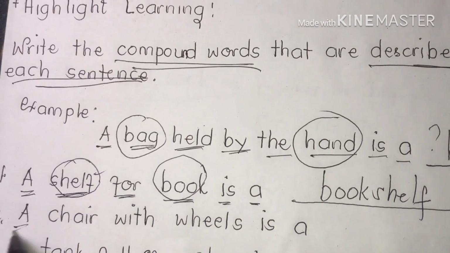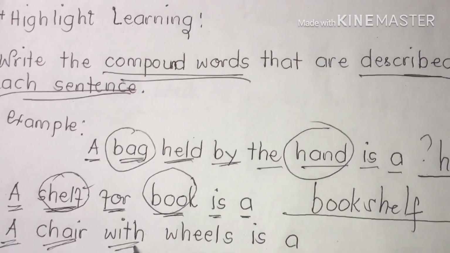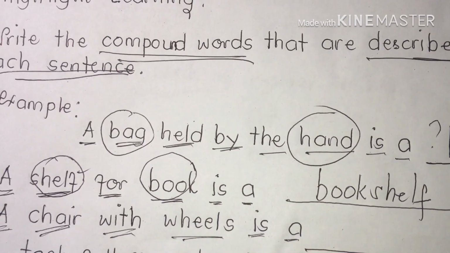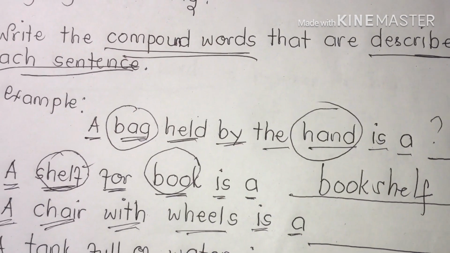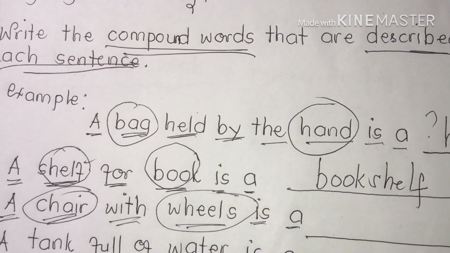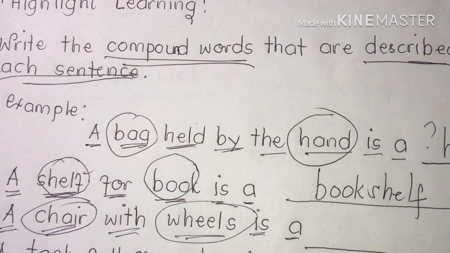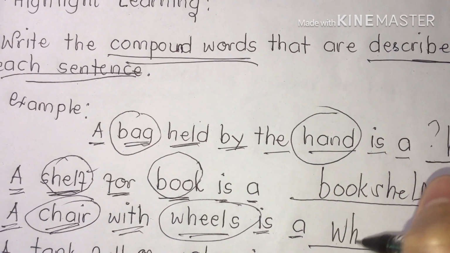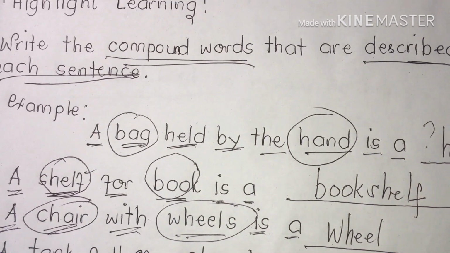Second, a chair with wheels is a what? We're going to think that chair and wheels are the two words here that we're going to connect to make a compound noun in order to form one word and one meaning. I'm going to write wheel. Wheel means it's a tire.